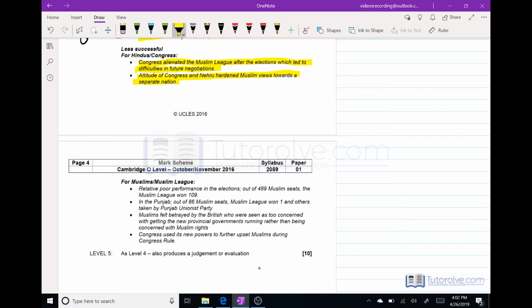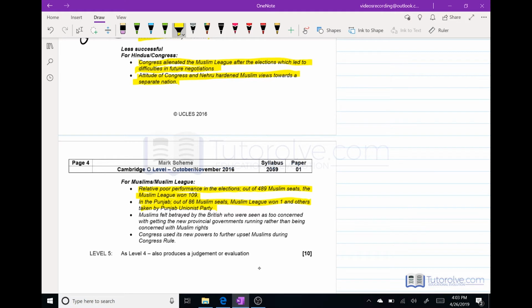Now, for the Muslim League, it was by and large less successful because it was a relatively poor performance in elections, as mentioned earlier. So out of 489 Muslim seats, the Muslim League won only 109. So as a party who wanted to be the voice of the Muslims, this was not a good outcome. In the Punjab, out of 86 Muslim seats, the League won only one seat, and others were taken by the Punjab Unionist Party.